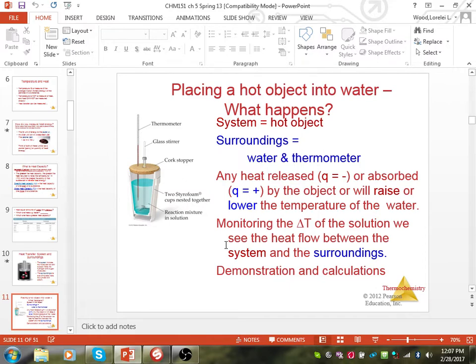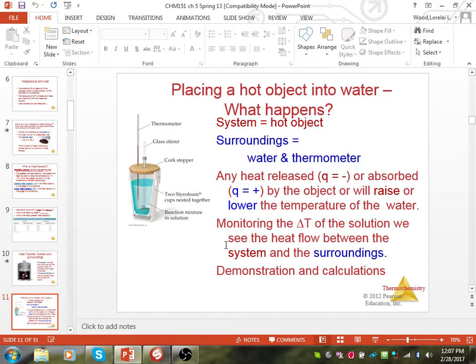It's also going to be negative. If the value for the Q going into the water is positive, what is my enthalpy for the water going to be? Positive. So my delta H values and my Q values are going to be the same sign.